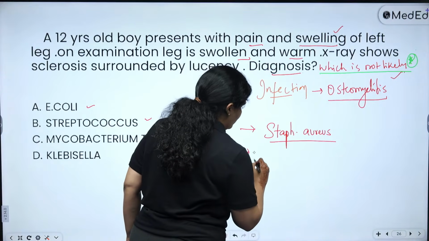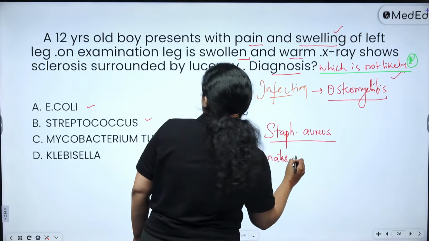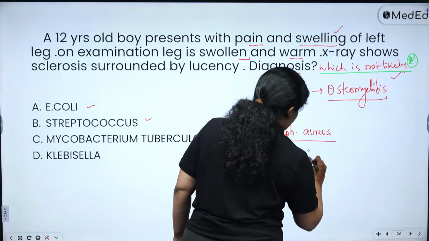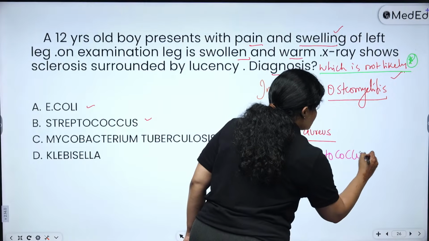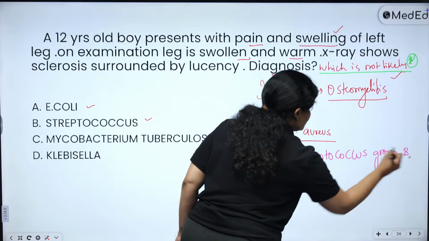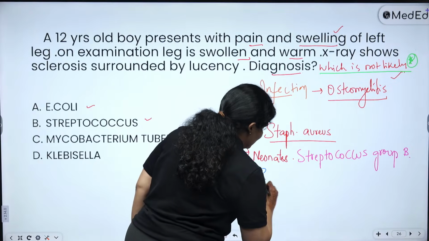And in neonates, if the question is given in case of neonates, then you can think about streptococcus, especially group B streptococcus. So group B streptococcus is most commonly associated with neonates. And one more interesting thing you have to remember is sickle cell anemia.